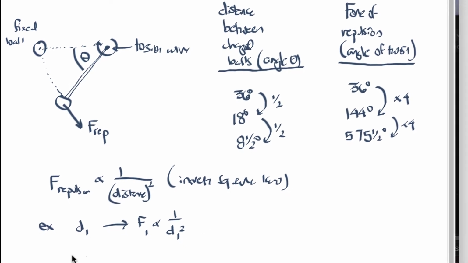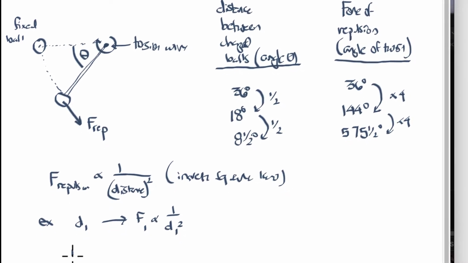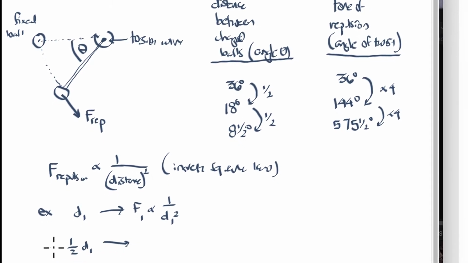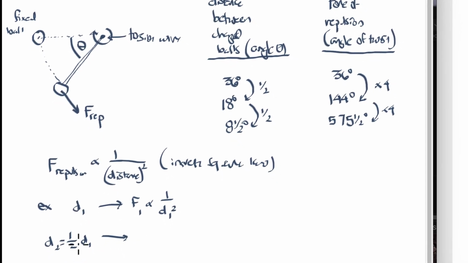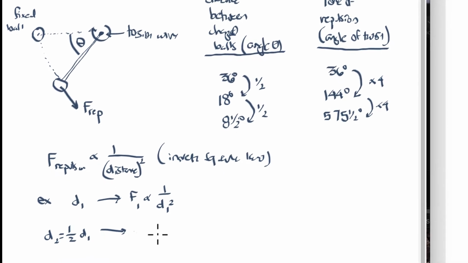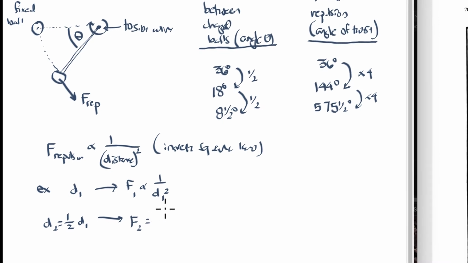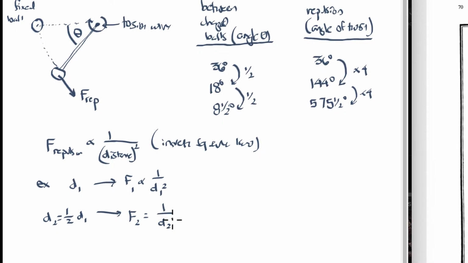But let's suppose now the distance is half of the distance d1. Let's call that distance 2. Well, when you bring it to 1/2 the distance, what is the force going to be? We'll call it force 2. It's 1 over d2 squared, right?